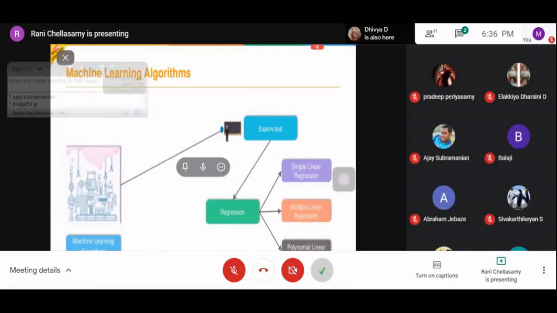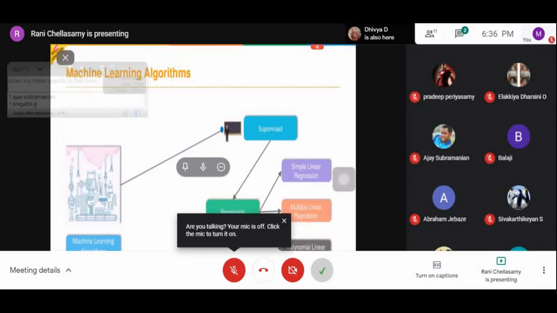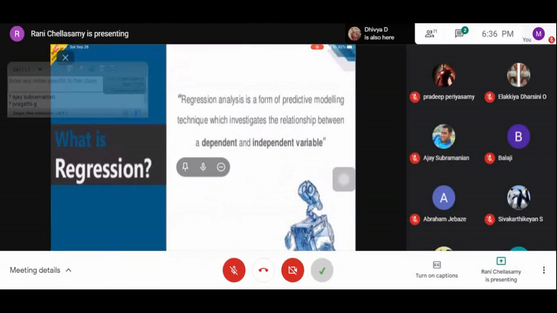So today in this section, we'll be discussing what linear regression is and what logistic regression is, and where we can apply these kinds of problems. Before moving to linear and logistic regression, we'll deal with what a regression problem is. Regression analysis is a form of predictive modeling technique.